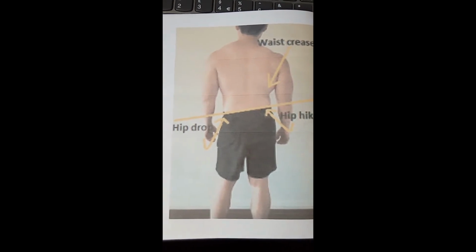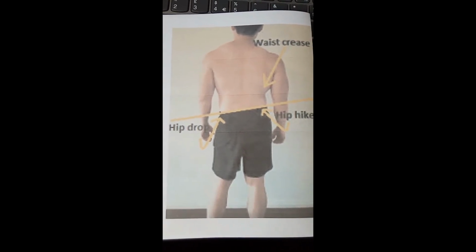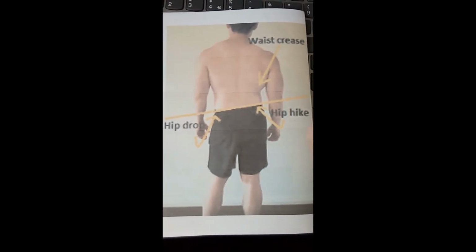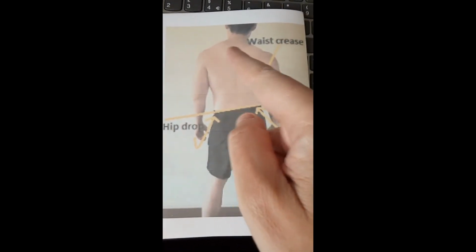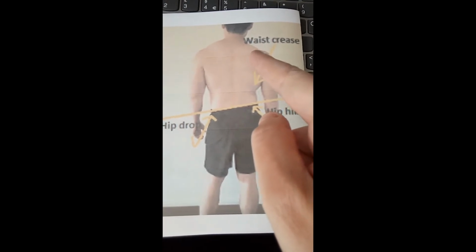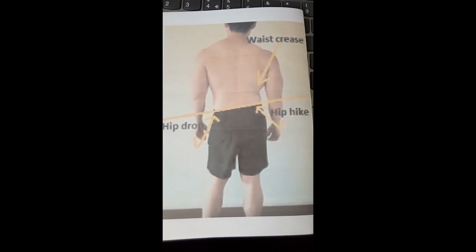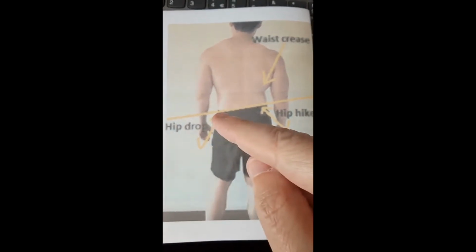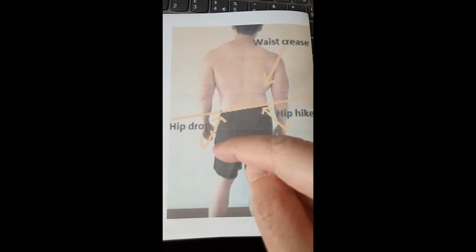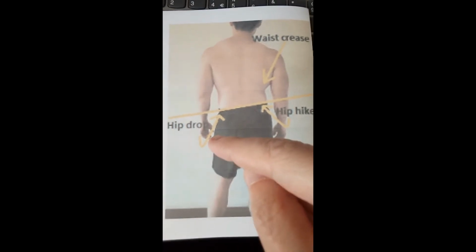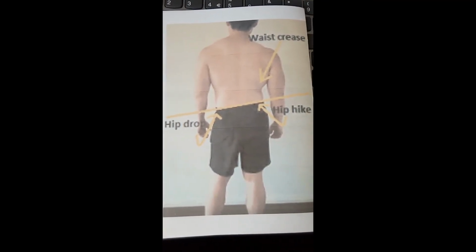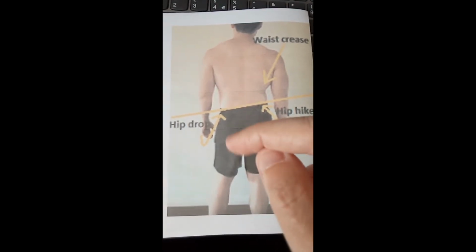That's a classic sign of a lateral pelvic tilt, and you're probably also going to see an imbalance in the shoulders. Now, if we've got a dropped hip, that is usually going to be caused by weakened hip flexors on that side.